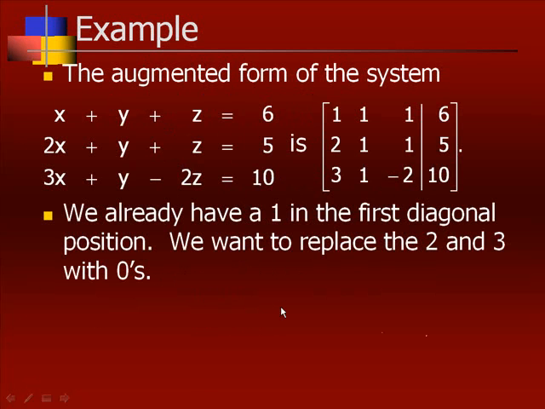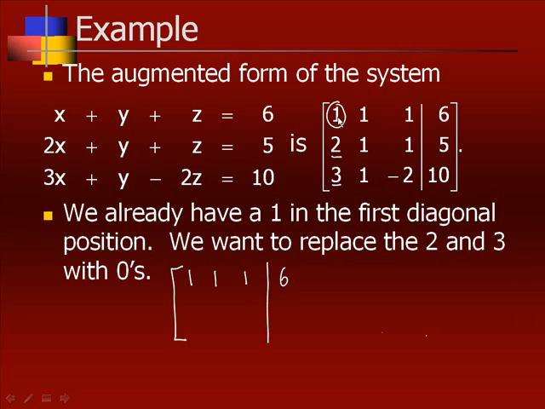Now, we want to get ones down the main diagonal. So we've got our 1 here. Now what we want to do is replace these two values with zeros. Remember how we changed the values of a row? We can add a multiple of another row to it. We're happy with row 1 for right now.